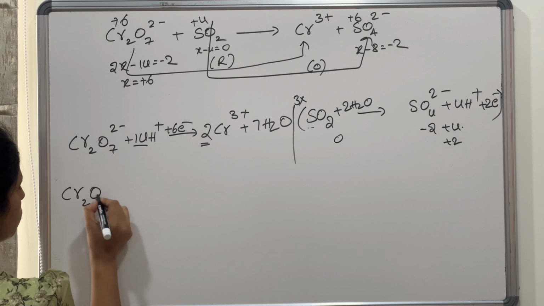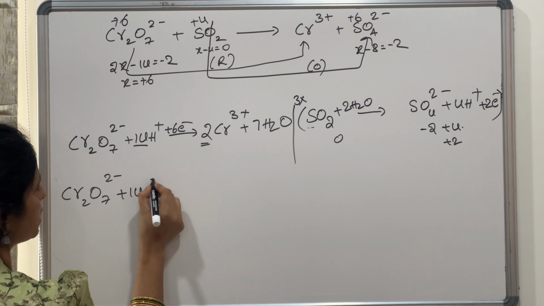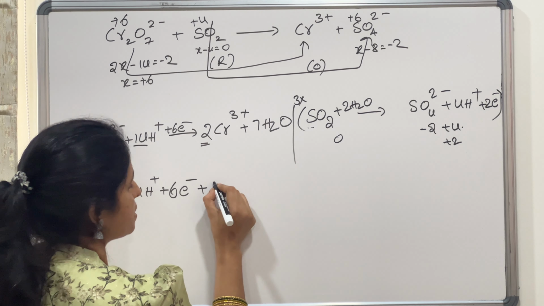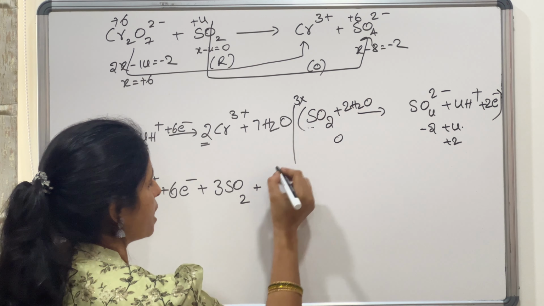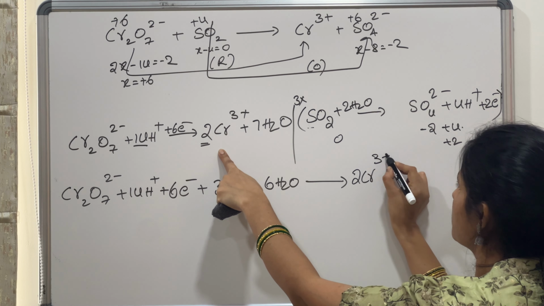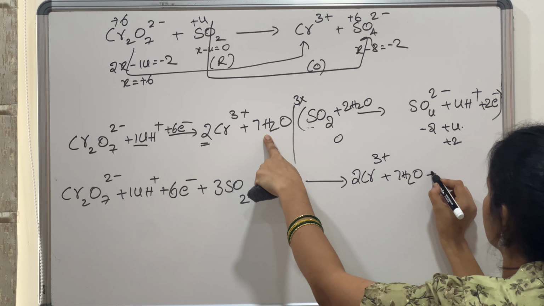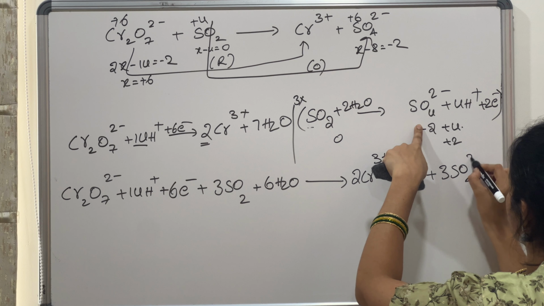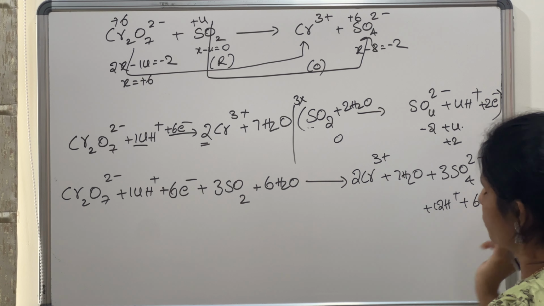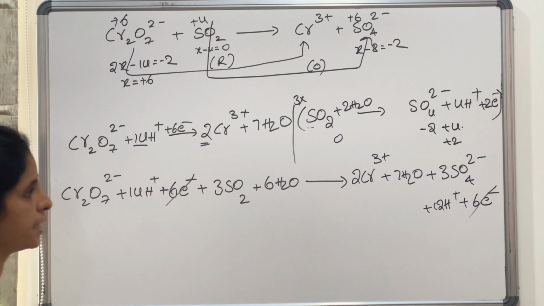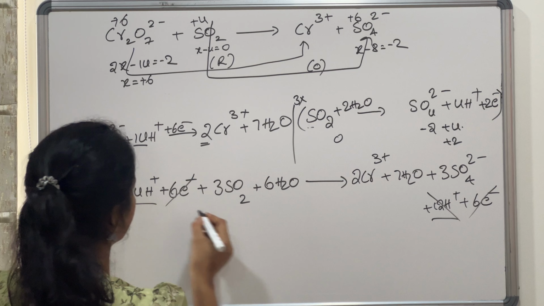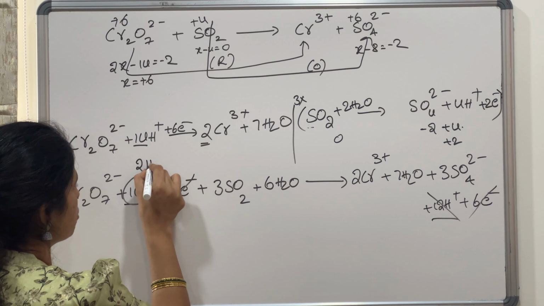So here is your Cr2O7 2 minus plus 14H plus plus 6 electrons plus 3SO2 plus 3 2s are 6H2O and 2Cr3 plus 7H2O plus 3SO4 2 minus 3 4s are 12H plus 3 2s are 6 electrons. 6 electrons will get cancelled and remaining H plus, 14H plus this side, 12H plus this side, this will get cancelled and the remaining you will be left with 2H plus.